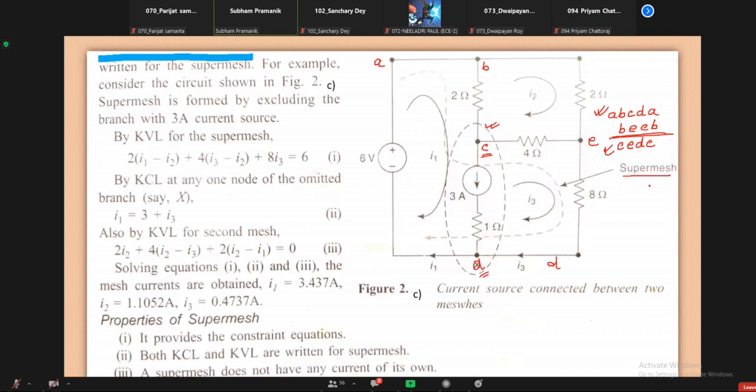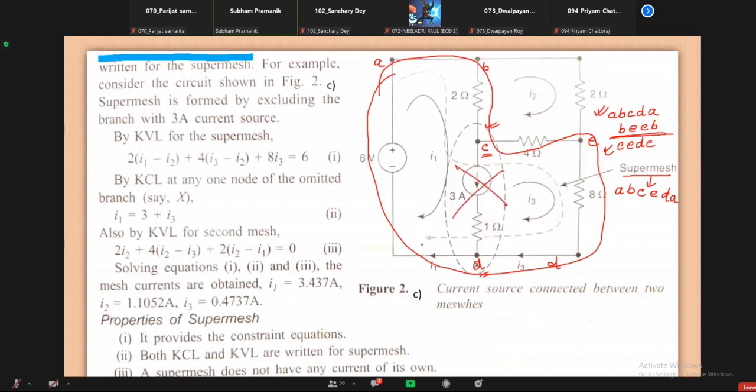So what is the supermesh? That supermesh is A, B, C, E, D, A. This entire thing is now our supermesh after excluding this branch. Okay.